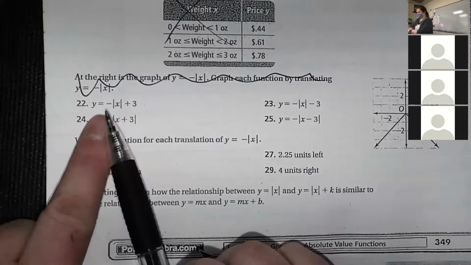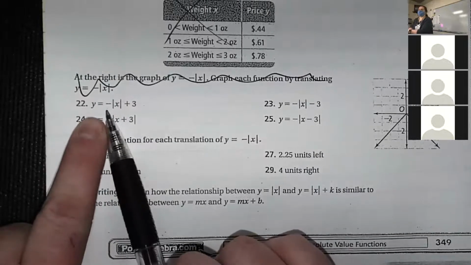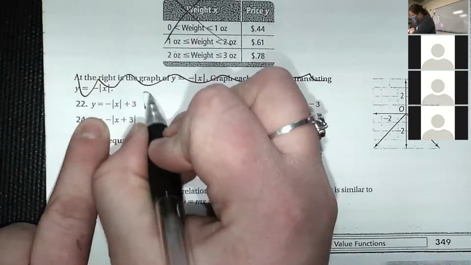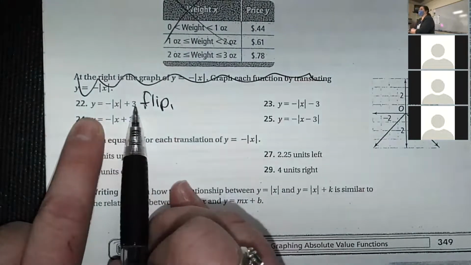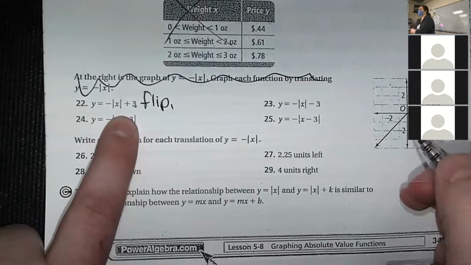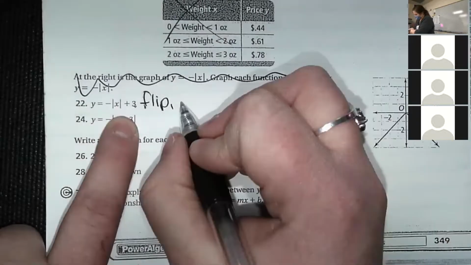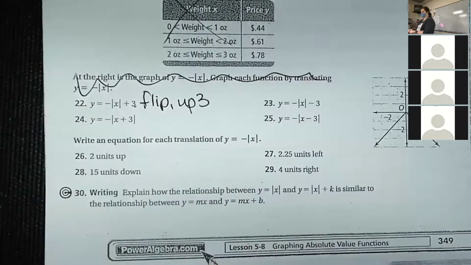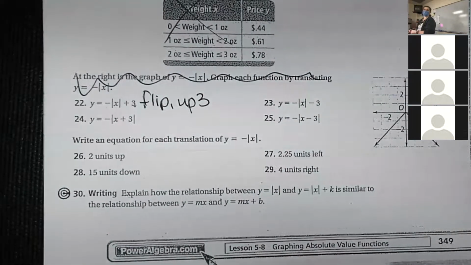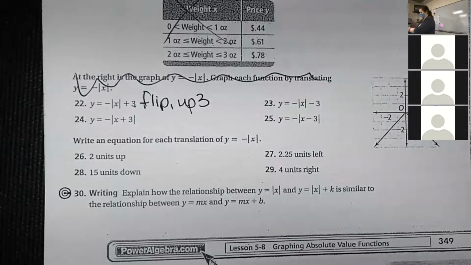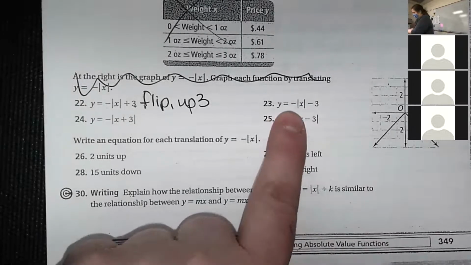All right, what's that negative sign do? Flip. Write that down. Flip. You're going to tell me how you would draw this. And then that +3 would do what? Up 3. Because it's on the outside. So if you were to draw this, you would flip it and you'd move it up 3. That's what I want you to tell me. All right, 23, what would happen?